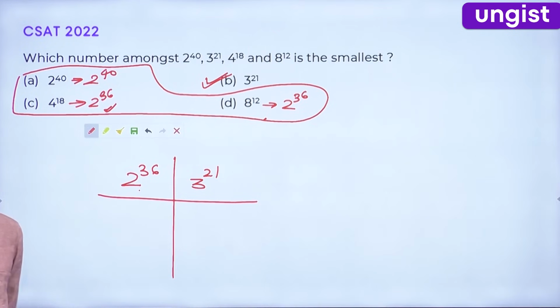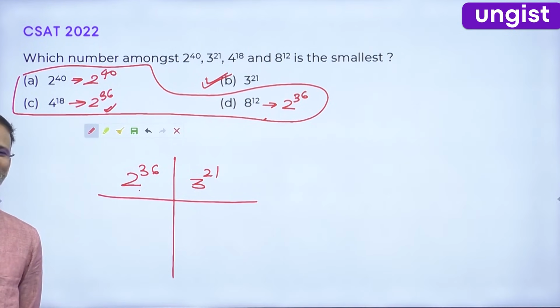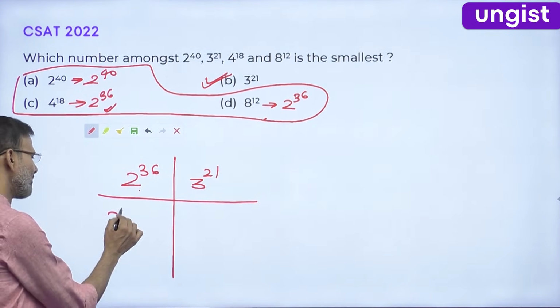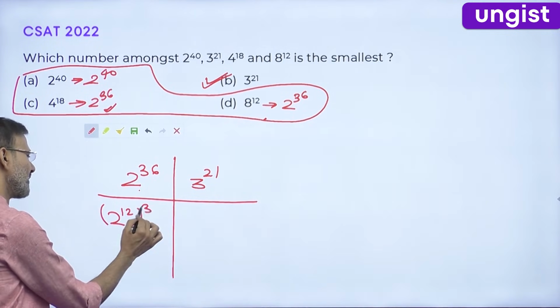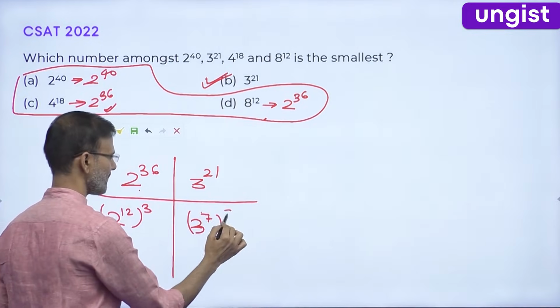Okay, everyone, what is the HCF of the powers? Three, correct. So 2 raised to the power 12 raised to the power 3, 3 raised to the power 7 raised to the power 3.